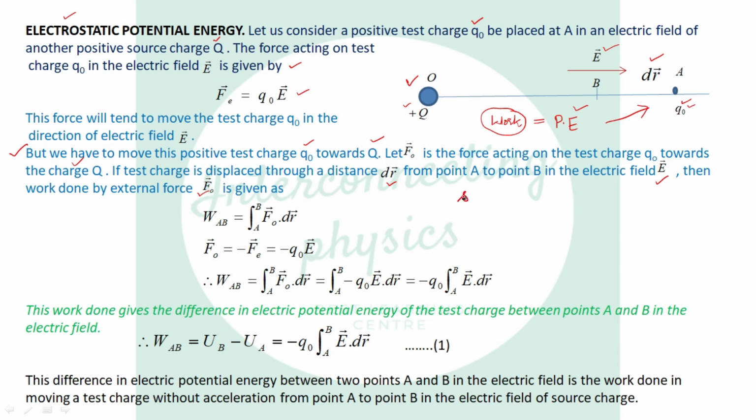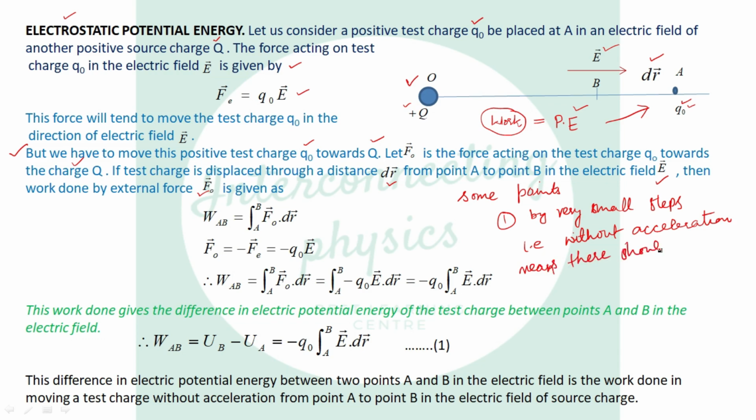Now, some points to be remembered here. Number 1, this charge Q naught should be displaced toward the source charge by very small steps, that is without acceleration, means there should be no change in the kinetic energy of the test charge.